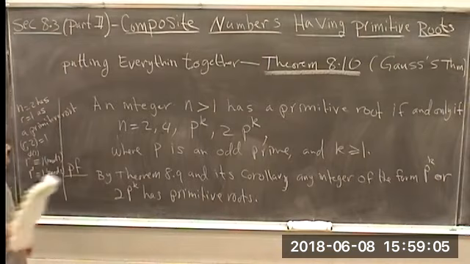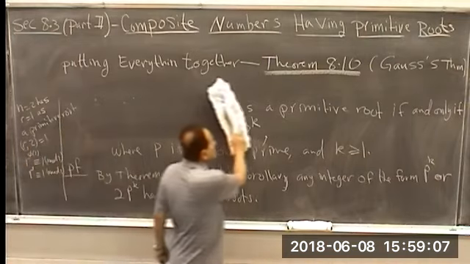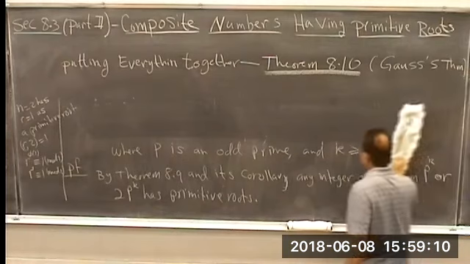Now for 4, it turns out that 3 is a primitive root of 4.